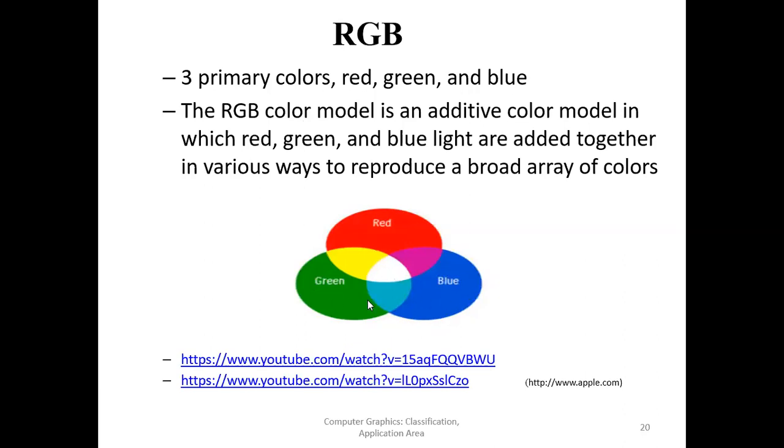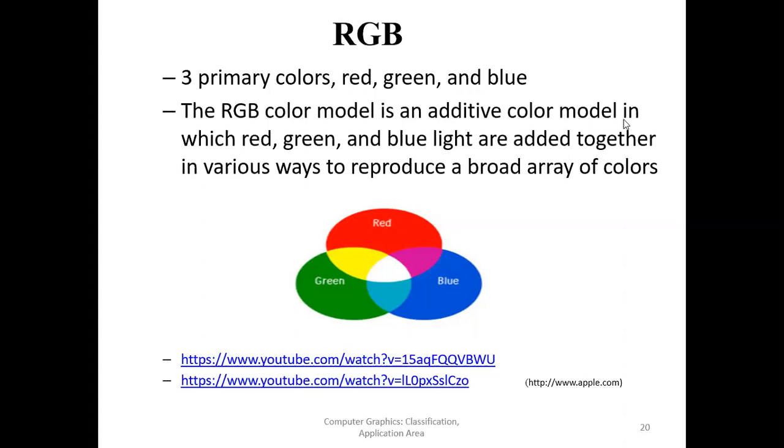If green and blue mix, you'll have this color, and when red and blue mix, you'll have this color. So using the red, green, and blue colors, you can achieve a total of 7 colors. That means these three are the main primary colors, and this is called the RGB color model, and this is an additive color model.